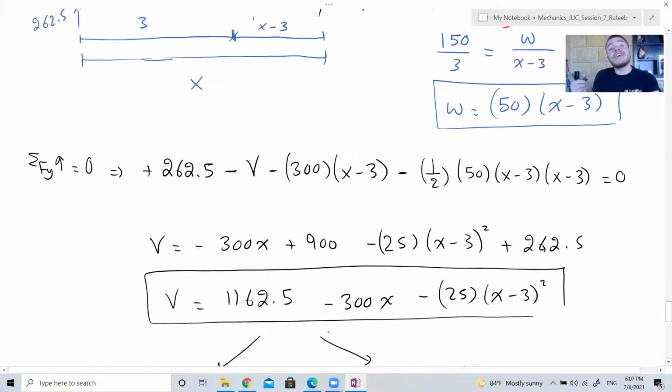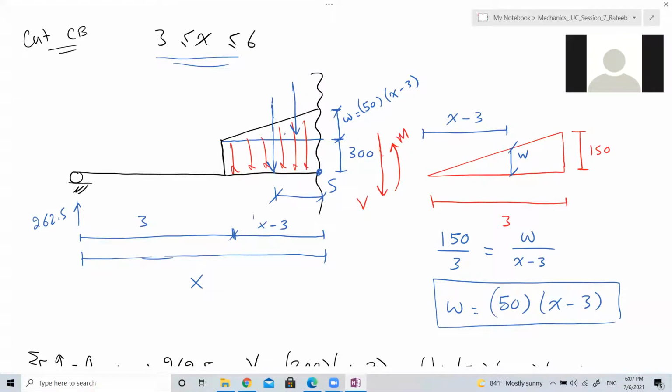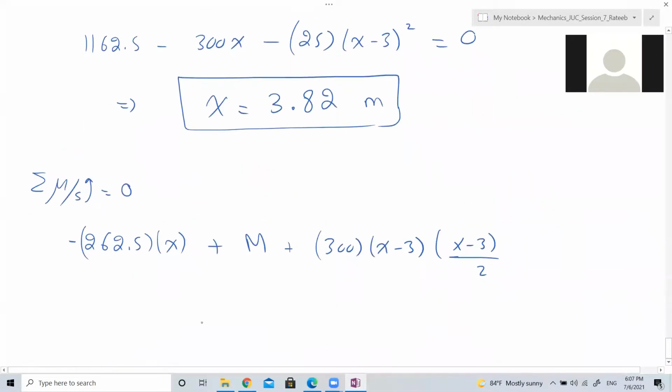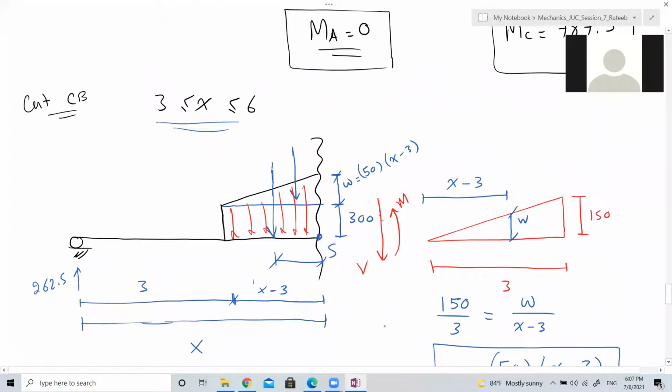Then we move to the triangle. What is the force of the triangle? 1 over 2 multiplied by omega, 50, multiplied by 50 times x minus 3 multiplied by x minus 3, power 2. Right, but multiply this distance. What's this distance? 1 over 3 multiplied by x minus 3.